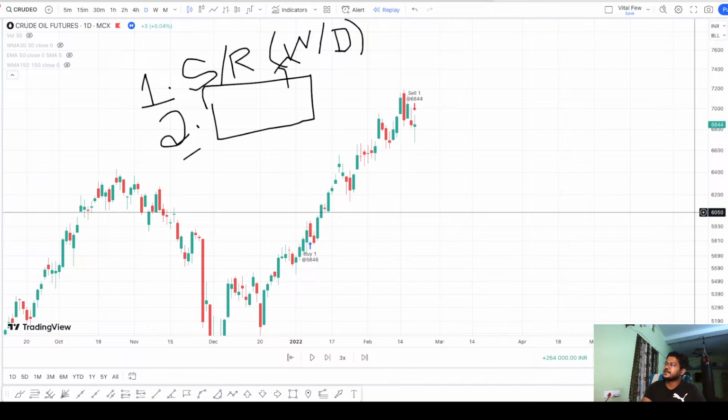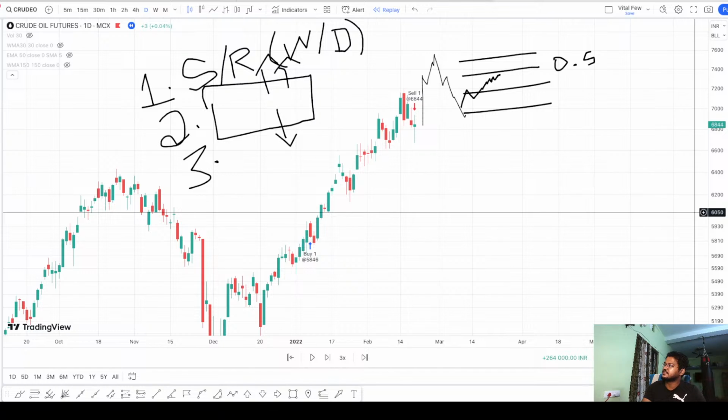As soon as the price breaks either upside or downside, use the fib retracement tool to mark the levels. Let's say this one is the 0.5 level, the middle one, and this one is the 0.618 level.